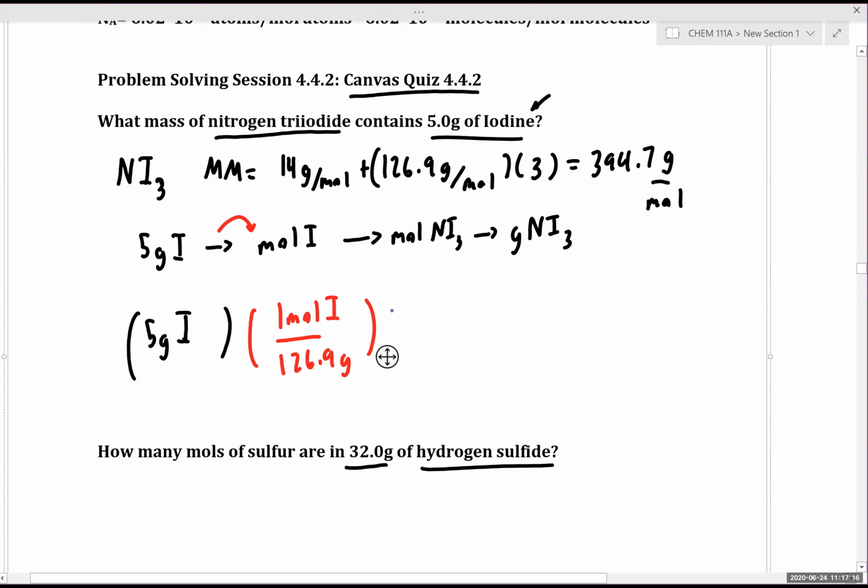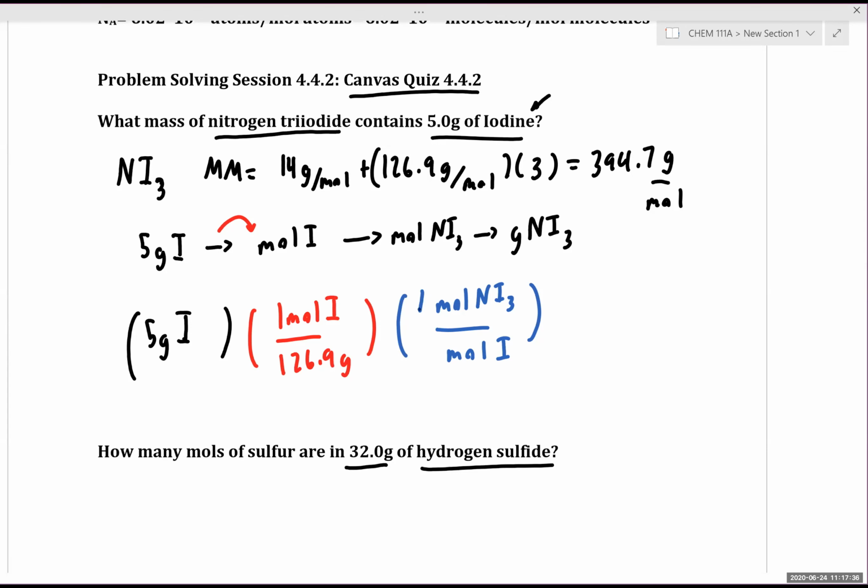Now, to go from moles of iodine to moles of nitrogen triiodide, in 1 mole of nitrogen triiodide, how many moles of iodine do we have? So in 1 mole of nitrogen triiodide, how many iodine atoms do we have? How many moles of iodine do we have? 3. 3, exactly right.